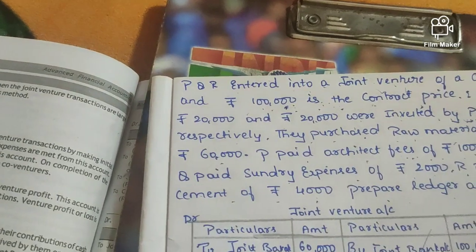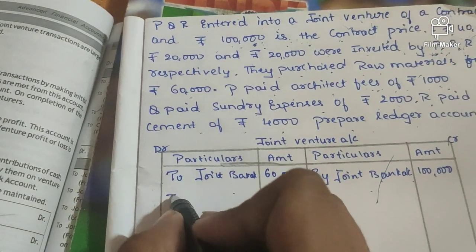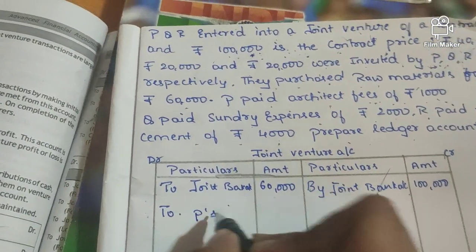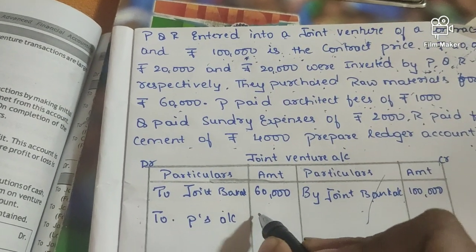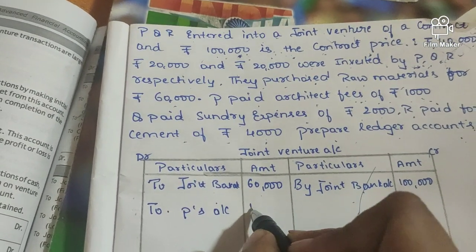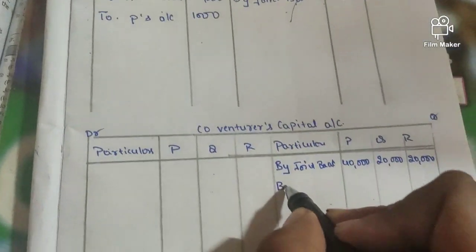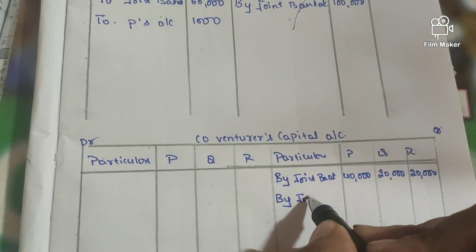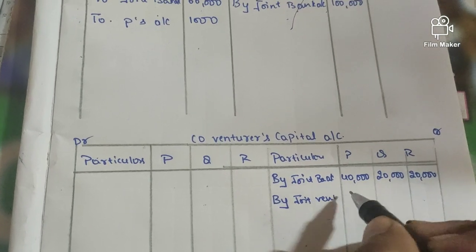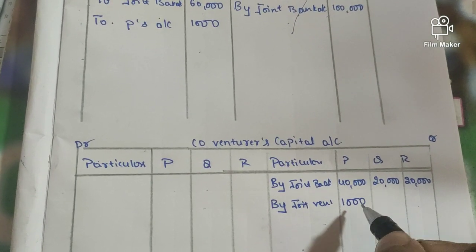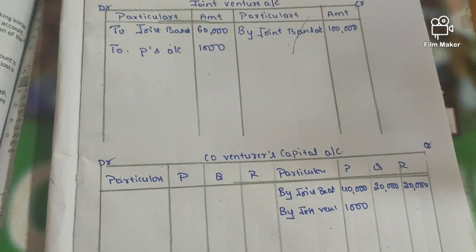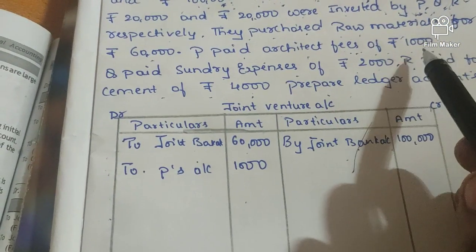Under joint venture account debit side, we will mention it as to P's account. What is the amount he is paying? 1,000 rupees. Under co-venturer's capital account, under P, we will mention it as by joint venture account, 1,000 rupees. Got it? Next, come for the next entry.